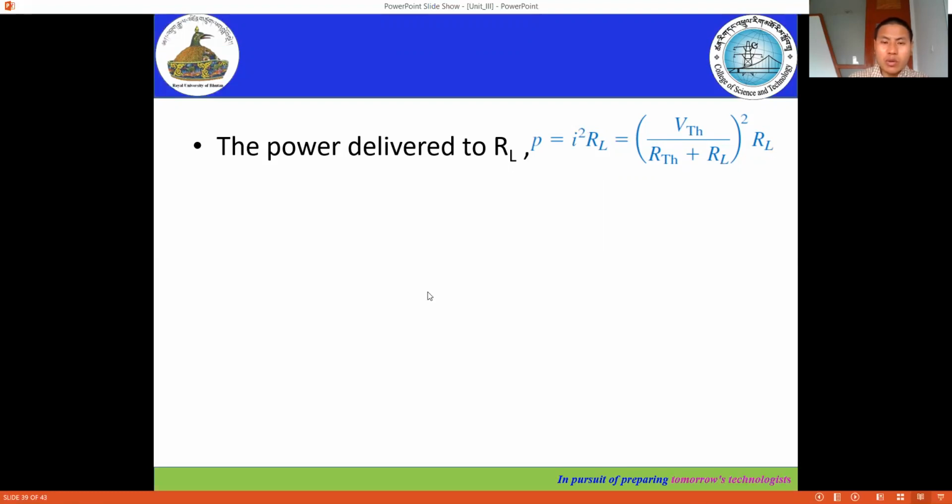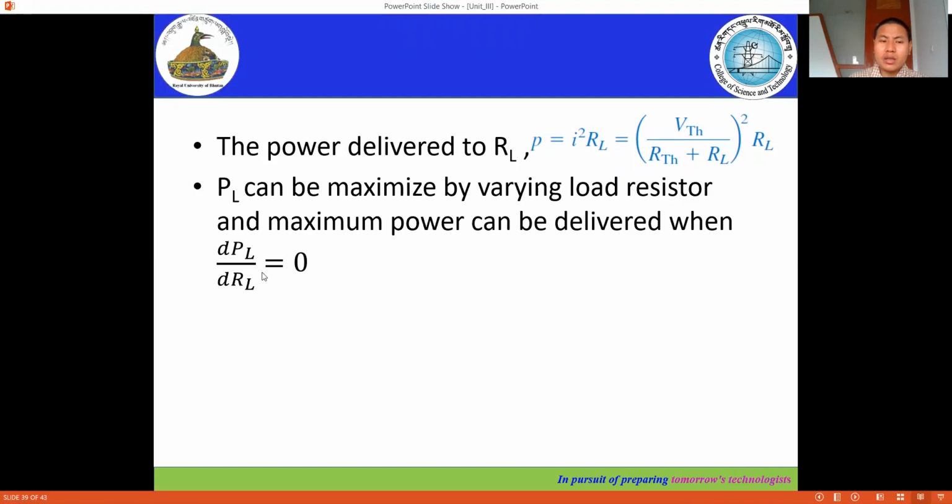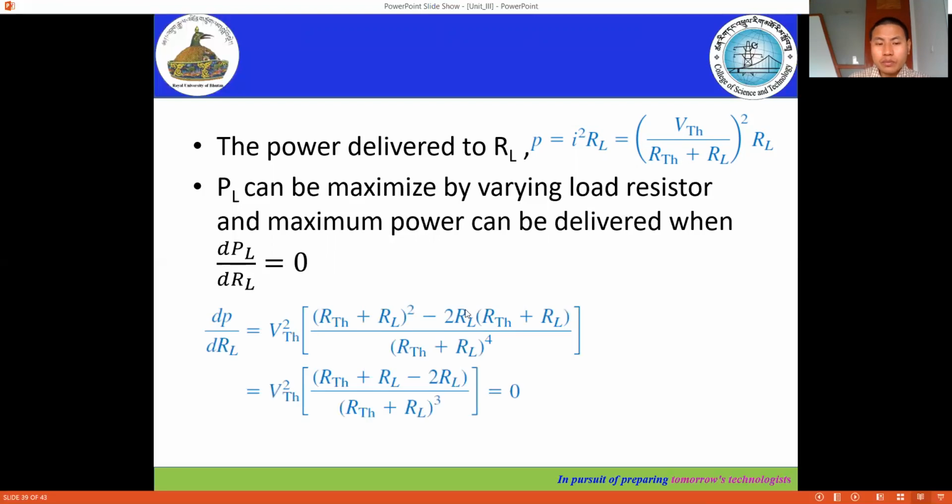In order to get the maximum power transfer, we have to differentiate PL with respect to RL and set it to 0. We can play around with the output power by changing RL. PL can be maximized by varying the load resistor, and maximum power is delivered when the derivative of the power with respect to the load resistor is equal to 0.